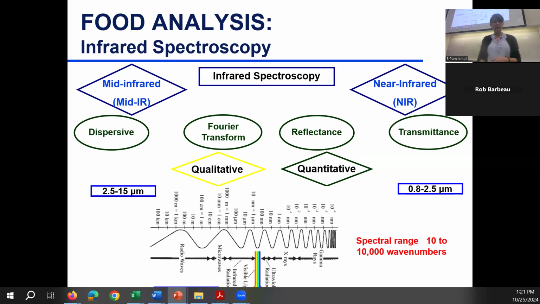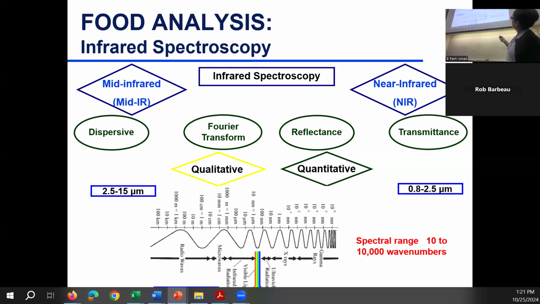Interesting. I don't know. But here what you can see is the range of the entire infrared, which is from 0.08 to 15 micrometers. And then you have the mid IR and the near IR.